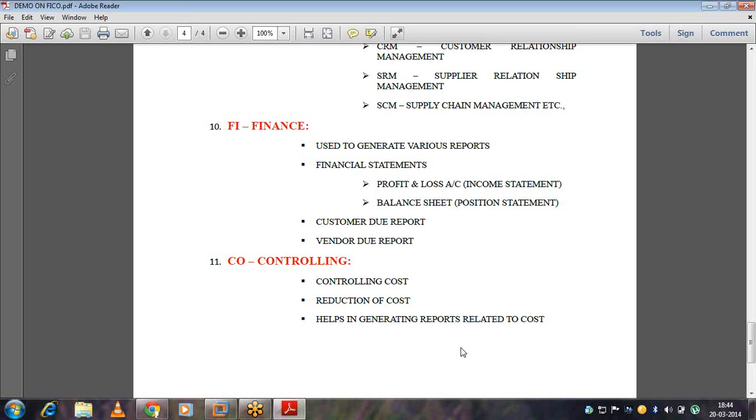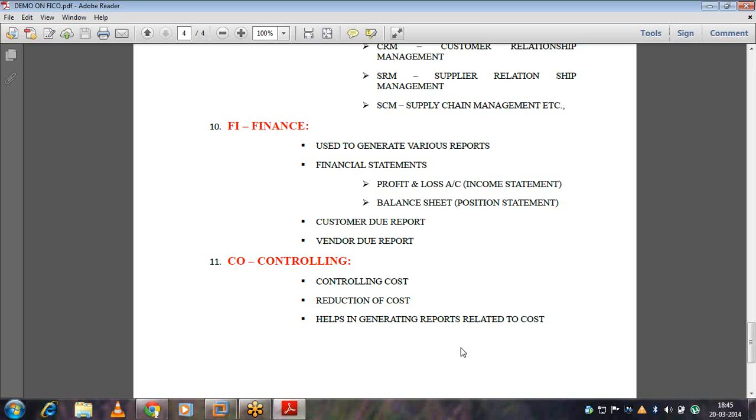Based on those cost related reports, by analyzing them, higher management will take decisions on how to control the cost. It will plan for effective controlling of the cost, thereby the organization can reduce the cost.